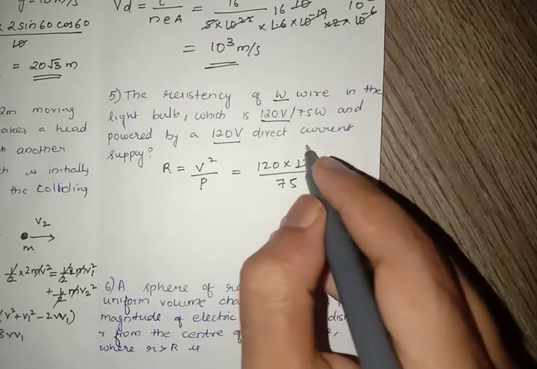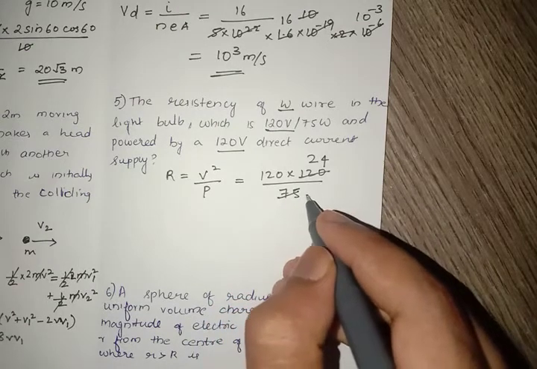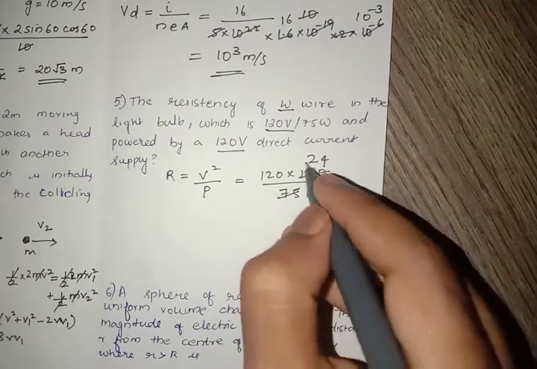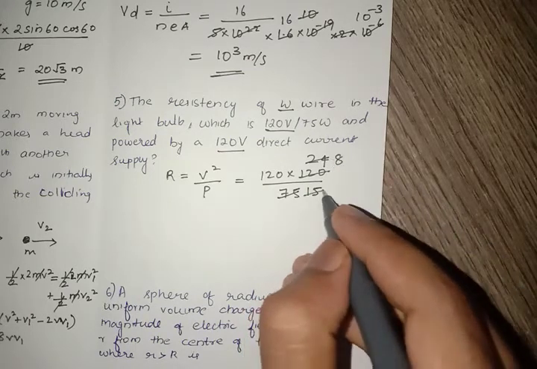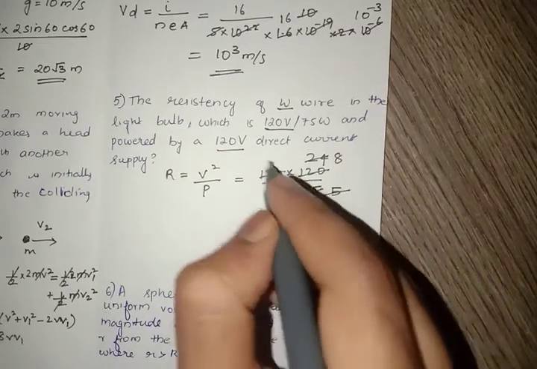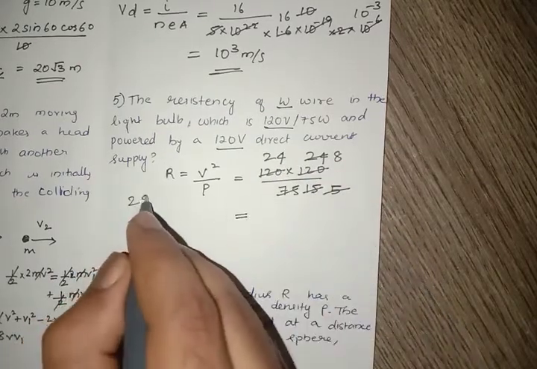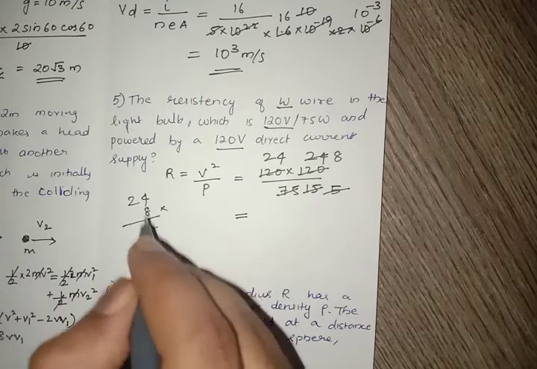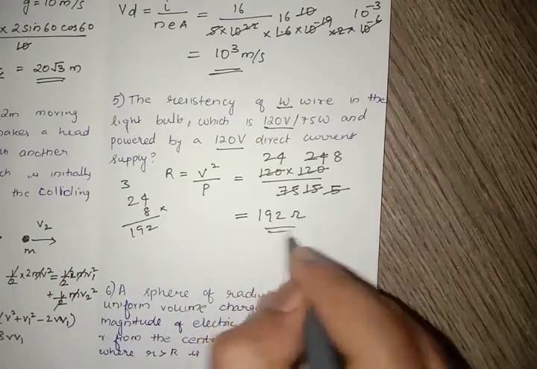If we divide by 5, we get 24, and 75 divided by 5 gives 15. Now this will be equal to 24 into 8, and the 5 and 15 cancel again. So 24 into 8 is 192 ohms.